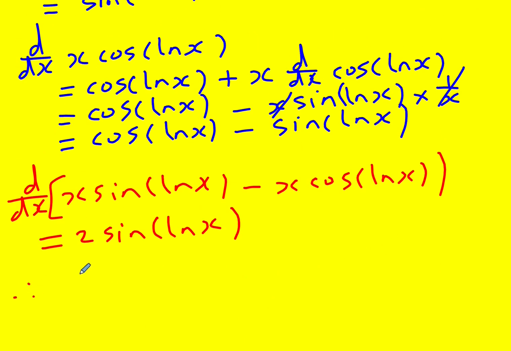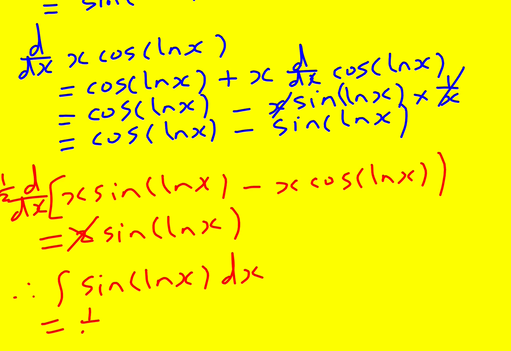And therefore, well, I can divide through by 2. I'm just going to do it here. A half of that is going to equal that. And therefore, the integral of sine ln x, because if the derivative of this top bit is sine ln x, then the integral of sine ln x is simply that top bit without the d by dx.